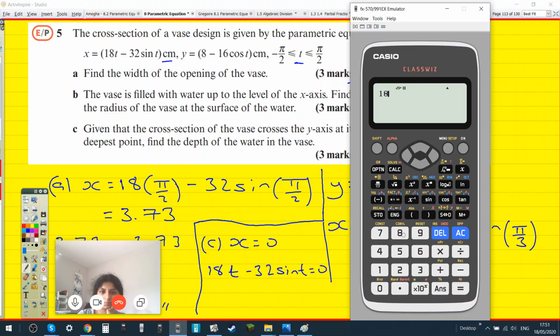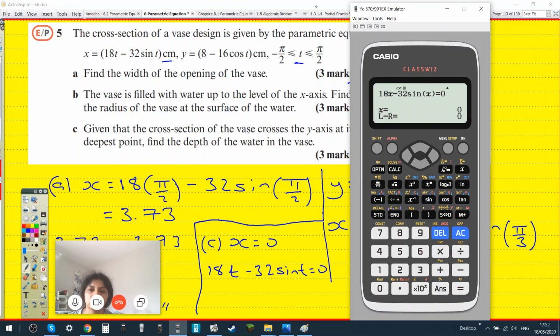I just put in 18x minus 32 sine x, but it might not work because trig gives multiple answers. Shift solve. I'm going with lucky 7. Nah, 7 wasn't lucky. Let's try 999.